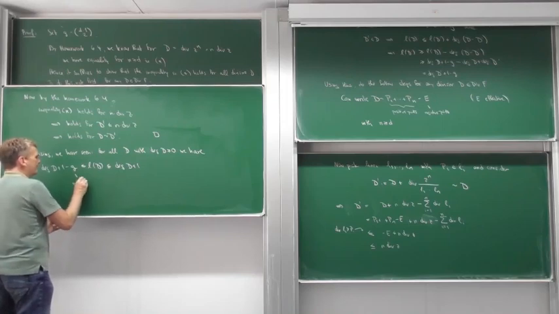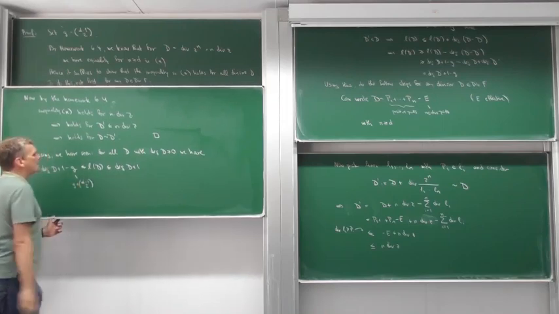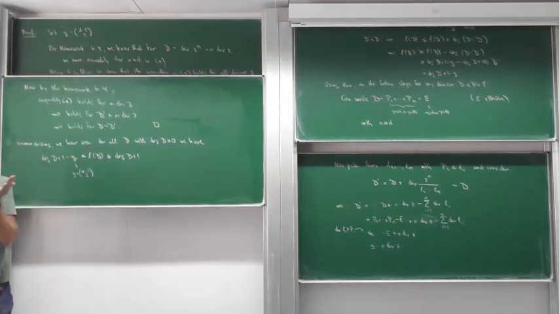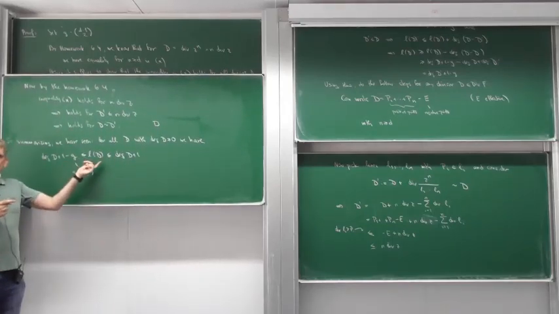So this is in our case d minus 1 choose 2. And there's no hope to get anything better in terms of just the degree of the divisor, right?